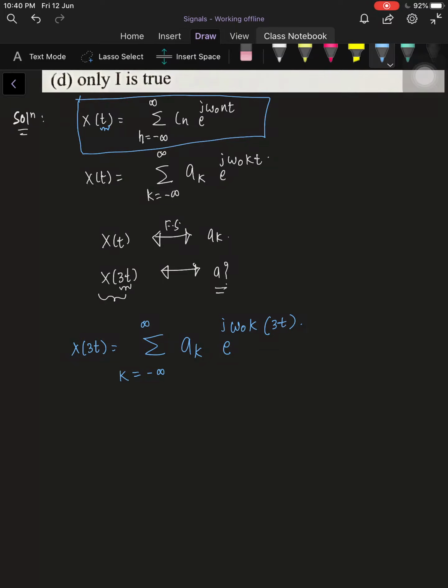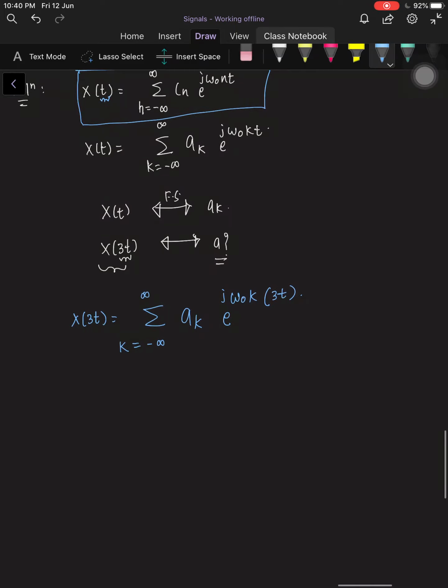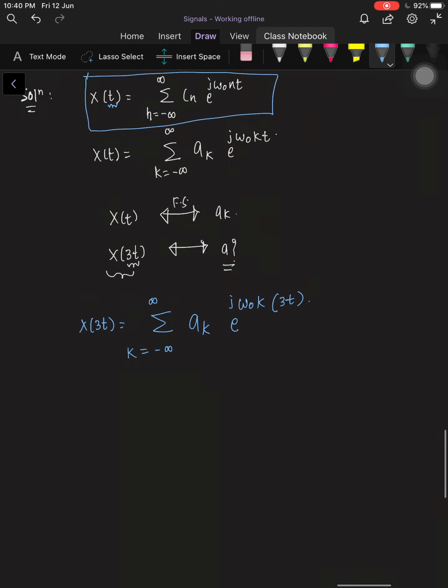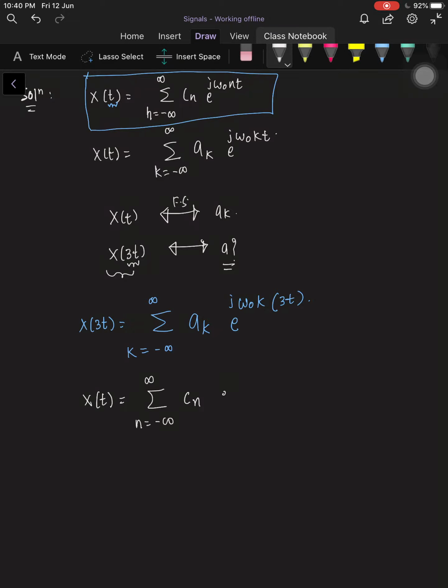Okay, so let me explain one more concept in the Fourier series equation. x of t is the sum from n equal to minus infinity to infinity of Cn e power j omega naught nt.